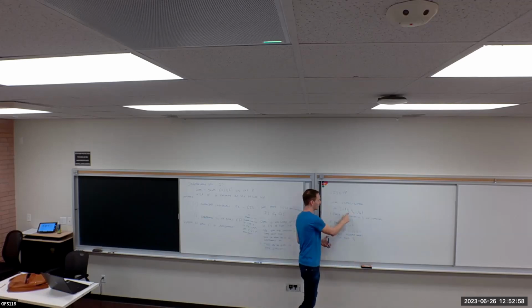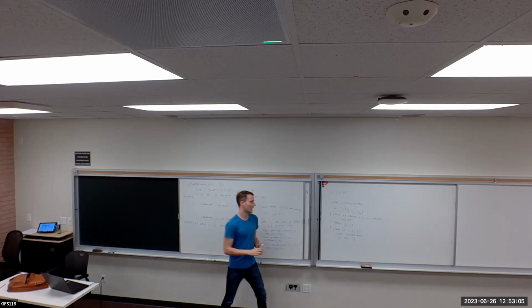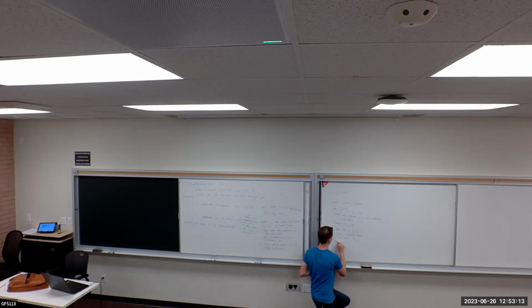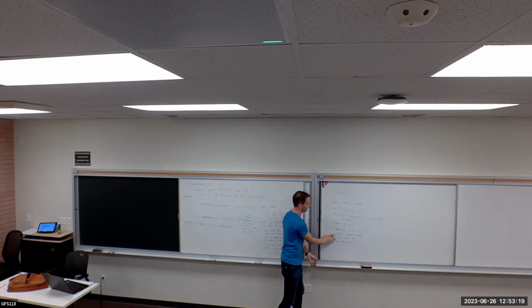For each one of these vertices, I'm going to loop over all of the nodes that are touching it and check if any of them are in S. And this definitely takes polynomial time. If you wrote something like this, you wouldn't have to say more. It's pretty clear this is in polynomial time. It's just the degree of each of the vertices.